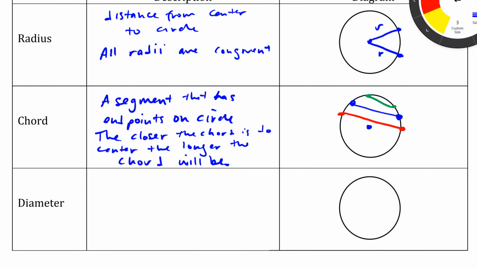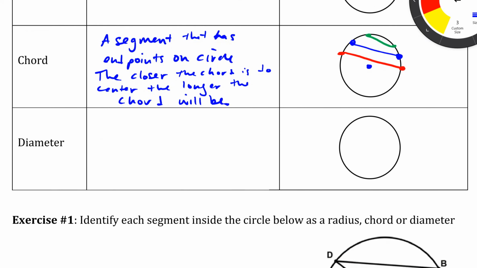And then the next vocabulary word you know already, but let's define it now using some good vocabulary. So the diameter of a circle is a chord that passes through the center.